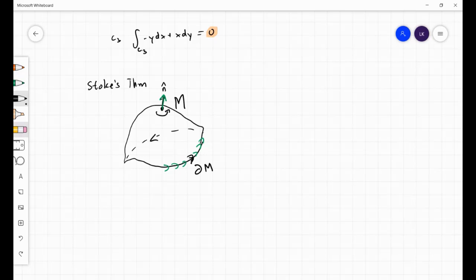So now Stokes, okay. So here omega is going to be a one form on R3.